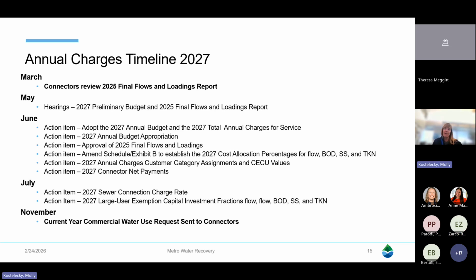Yeah, I think that's a great question. From a methodology standpoint for Metro, we are still calculating the total amount of annual charges and still dividing that up among the connectors. It's really just the methodology to get to that unit rate. Instead of unit rates being based on future-looking estimates, it's based on past-looking data.